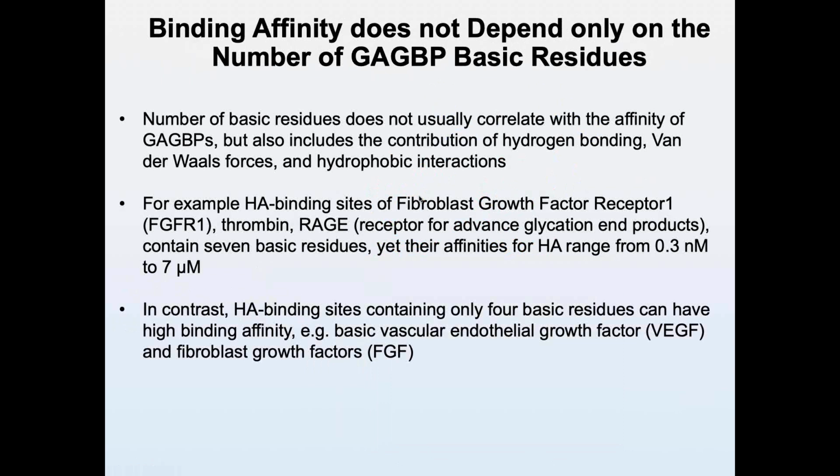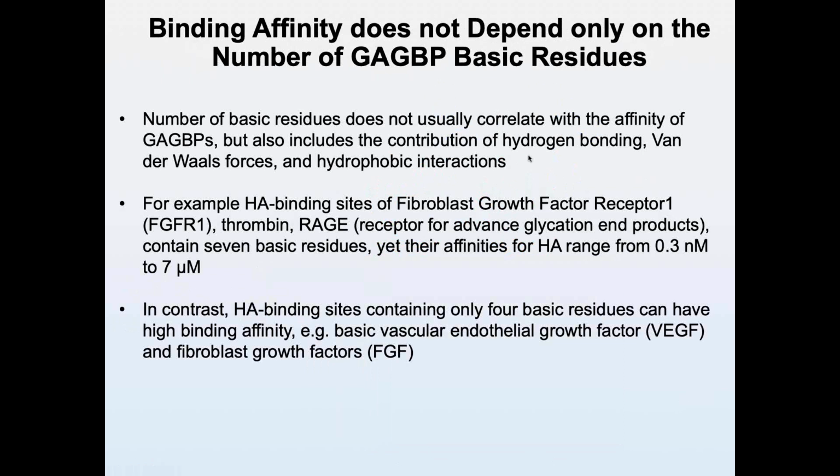Now, in the previous slide, I said that in some of these GAG protein interactions, we have about 4 to 7 basic residues. Yes, you may have all these basic residues, maybe 8, maybe 9, but not all of them are involved in the interactions. Some of them you may have 4, but only 2 may be involved in the interaction.